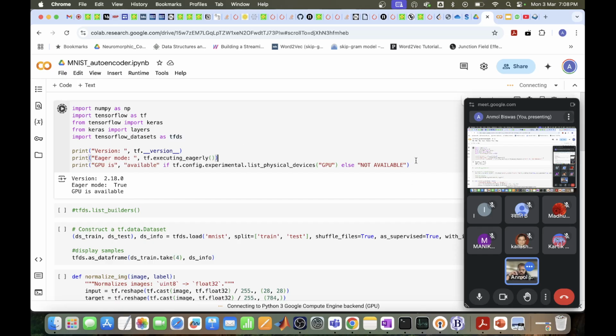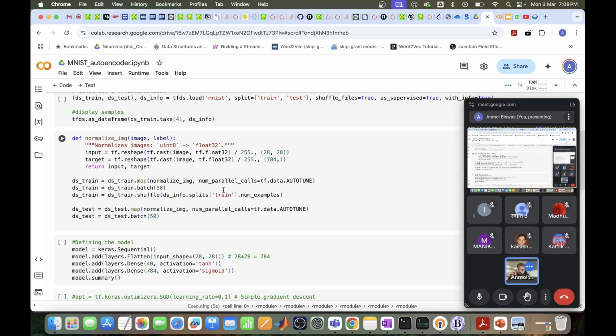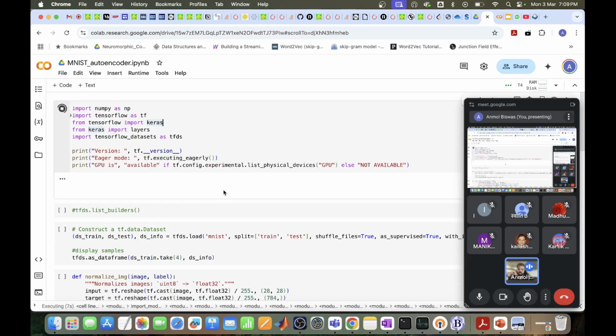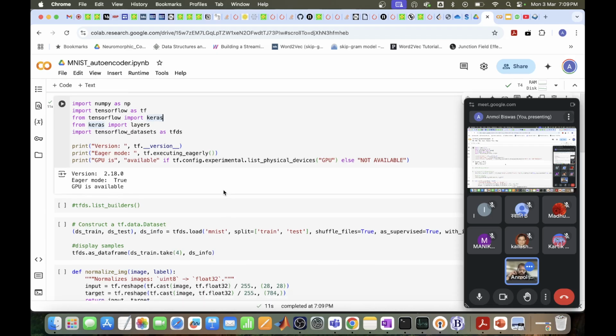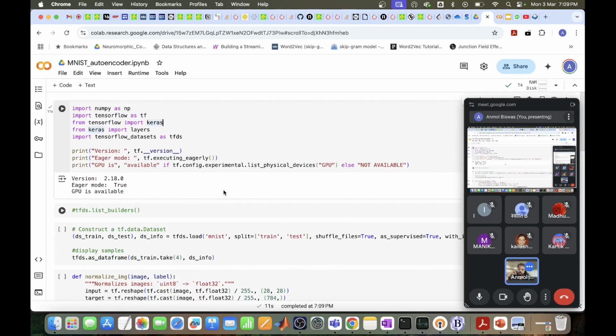This starting part is just setting up the environment to do what we want to do, which in this case is an autoencoder.